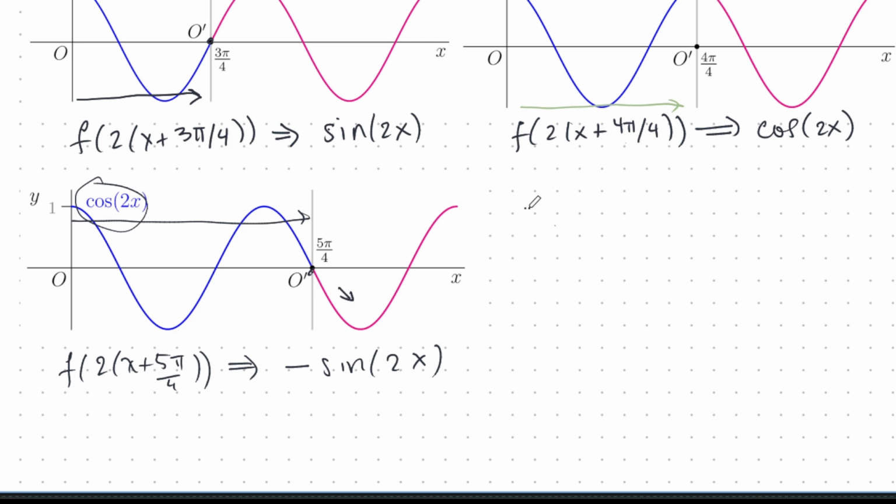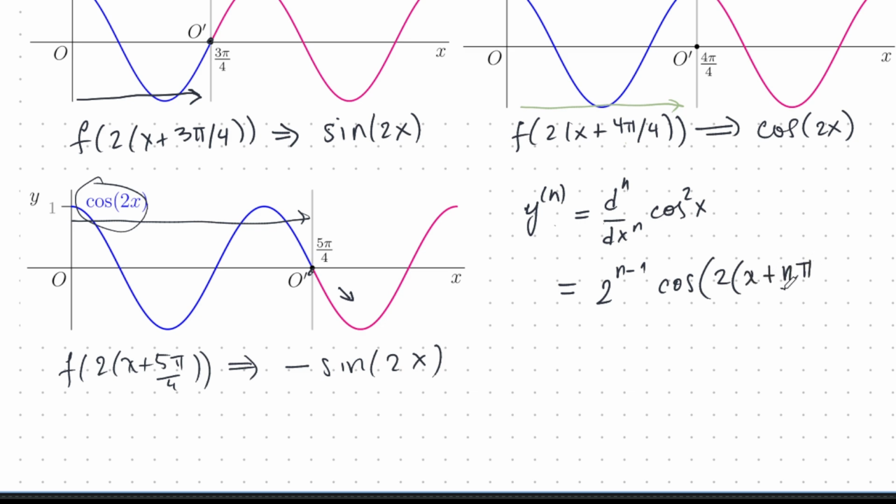We write y_n, which is the nth derivative, d^n over dx^n of cos squared x, and this is 2^(n-1) cos of 2, now do the shift properly, x plus n pi over 4. And this is my final answer.